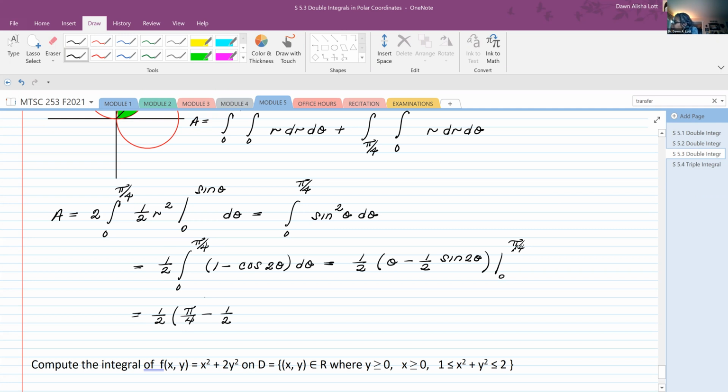And now I end up with the sine of pi over 2. So now I get 1/2 pi over 4 minus 1/2. And that is correct.